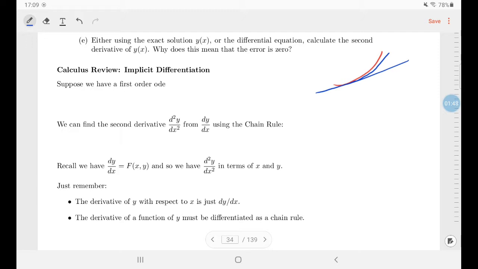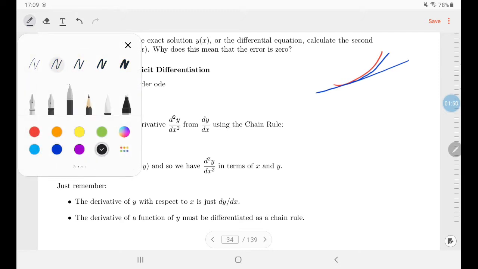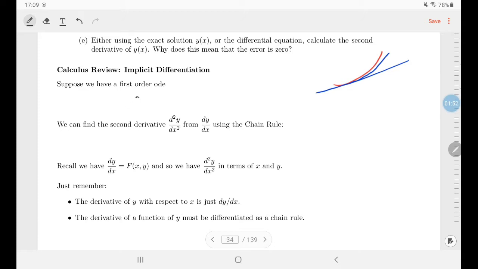Given a first order differential equation, we're going to have to find the second derivative, but that isn't too difficult, because we have implicit differentiation, which I'm sure you learned about last year. If you differentiate both sides of the differential equation, you'll get the second derivative.